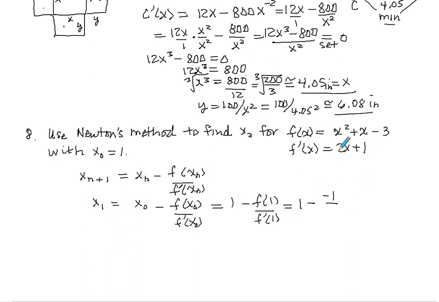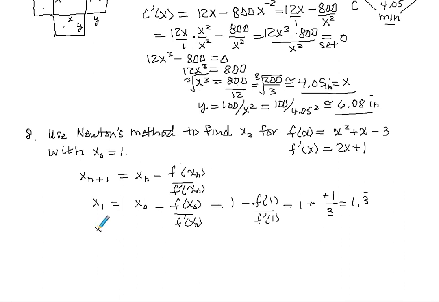Plug in a 1, 2 times 1 plus 1 is 3. And double negative makes a positive. This is 4/3, 1 and 1/3, or 1.3 bar, 1.33 repeating. And if you plug this into your calculator, use several digits of accuracy here.